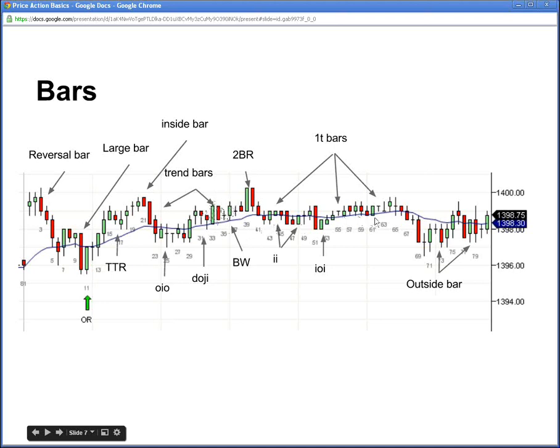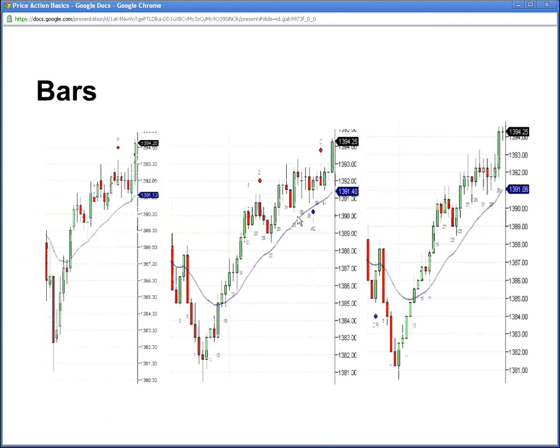So even if you take nothing away from this webinar today, take this: when there's an overlap, all signal bars are suspect. All this is just one big doji, and if you try to buy above this, you are basically buying the top of a doji. Okay, trading within overlaps and barbed wire has cost me more money than anything else that I've done.